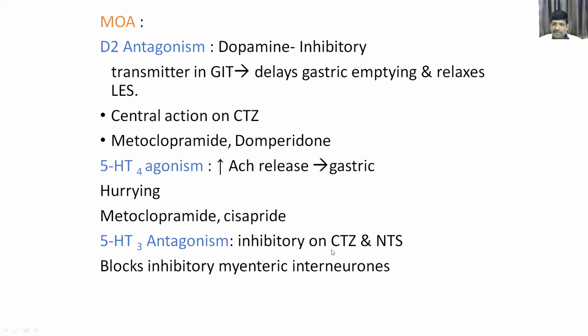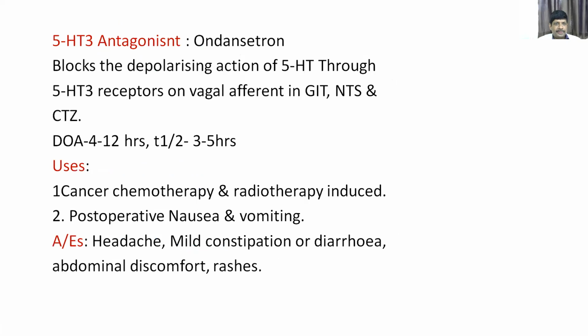5-HT3 antagonism is inhibitory on the chemoreceptor trigger zone and nucleus tractus solitarius and blocks the inhibitory interneuron. So in mechanism you can write that it gives its effect by D2 antagonism, 5-HT4 agonism and 5-HT3 antagonism. That would be regarded as the correct answer. 5-HT3 antagonist ondansetron acts by blocking the depolarizing action of 5-HT3. Where is this particular group of drug used? If you write ondansetron in motion sickness, it won't be the correct answer.